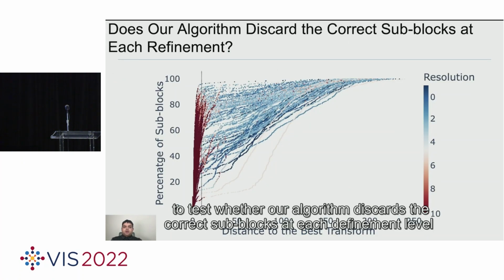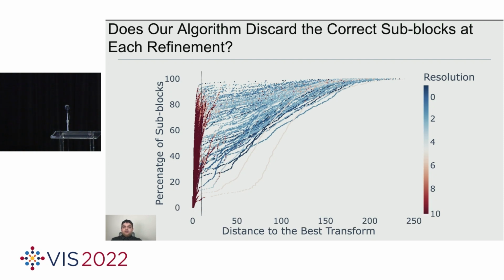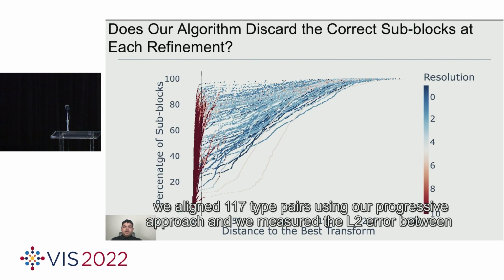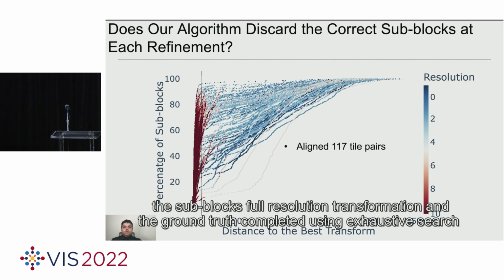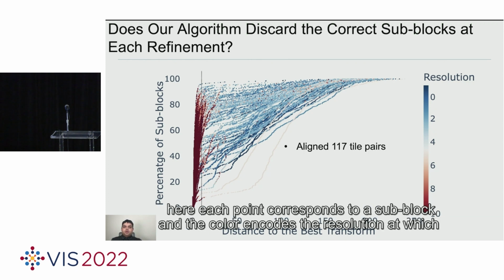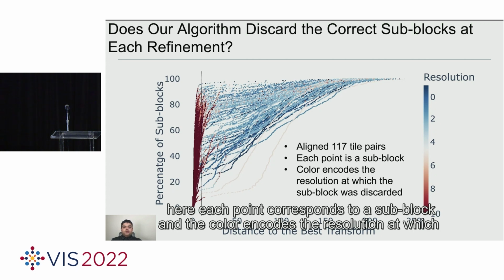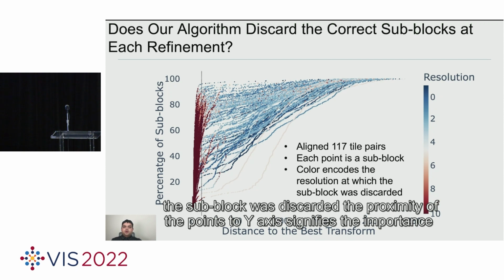To test whether our algorithm correctly discards the subblocks at each refinement level, we aligned 117 tile pairs using our progressive approach, and we measured the L2 error between the subblock's full resolution transformation and the ground truth computed using exhaustive search. Here, each point corresponds to a subblock, and the color encodes the resolution at which the subblock was discarded.